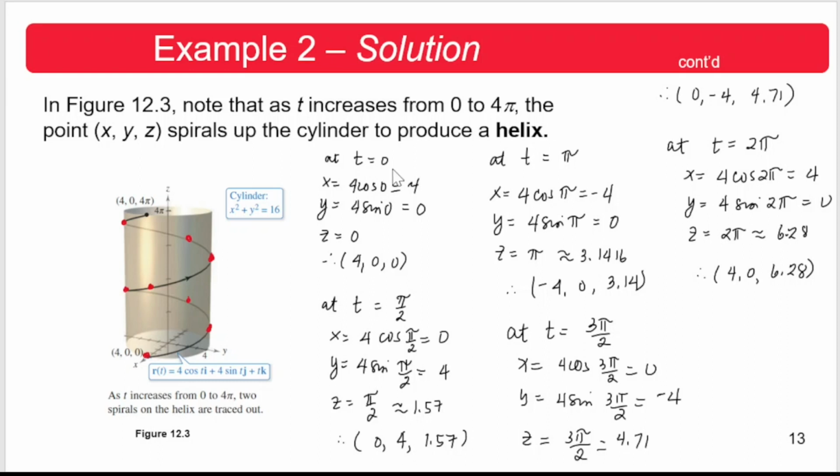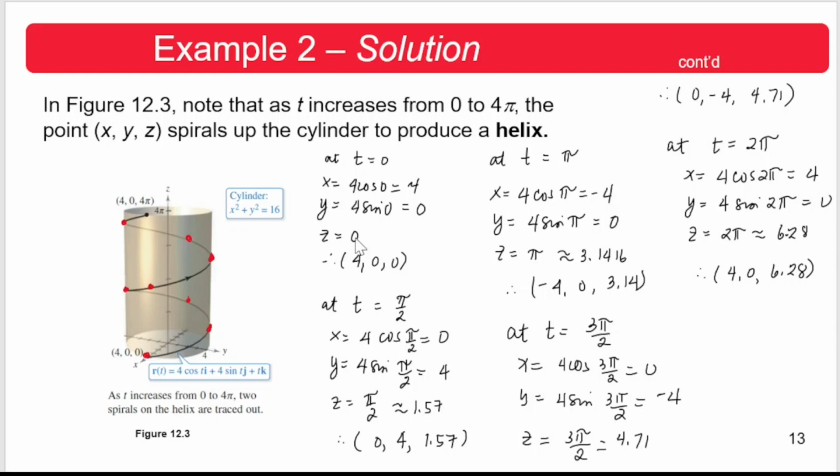Like for example, if t is 0, then x is equal to 4 cosine t, where t is 0. But recall that cosine 0 is 1 times 4, so you have 4 as the x coordinate. Then for the y coordinate, this is 4 sine 0. But recall that sine 0 is 0 times 4 is 0. Recall that the parametric equation for the z variable is z is equal to t, where t is 0, so therefore z is equal to 0.